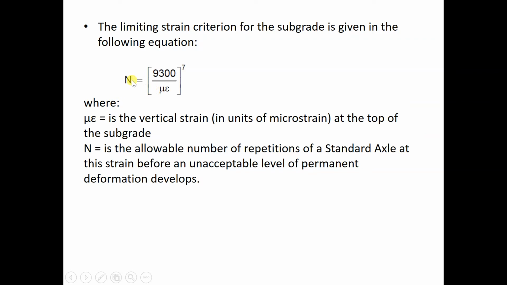This is from the formula, from the iterations. We will get that from the iteration, so we can develop an allowable number of repetitions for the material.